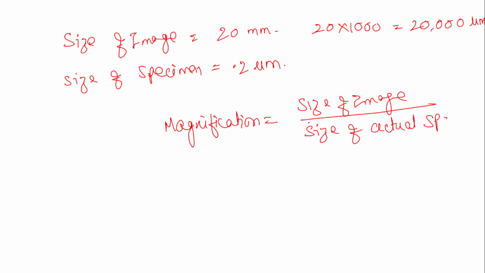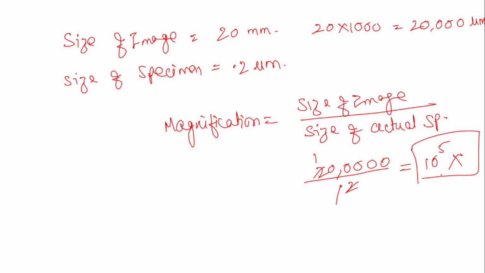So the size of the image is 20,000 micrometers upon the size of the actual specimen, 0.2 micrometer. We can solve it: removing the zeros, we get 1 followed by five zeros, so 10 to the power 5 x.